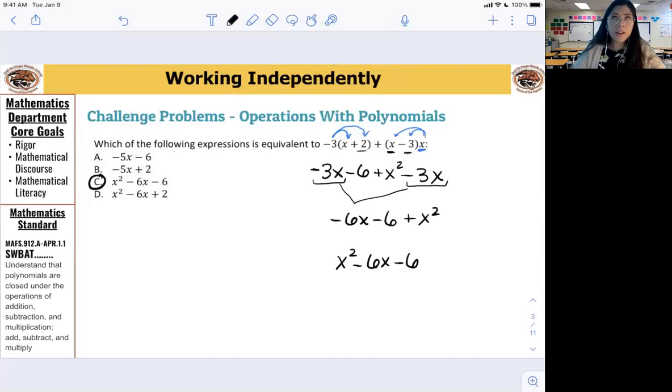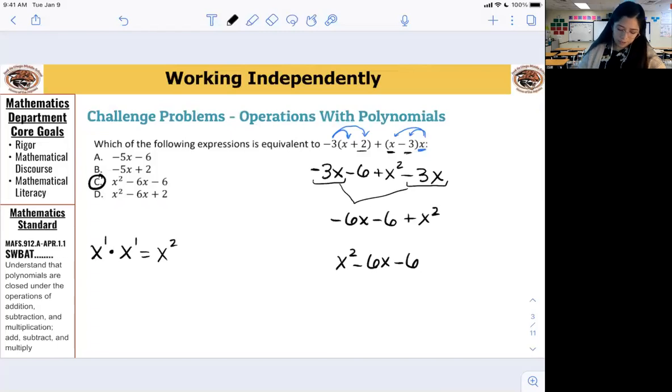A big common mistake that a lot of students make: what's x times x? x squared. Why? Because x squared is the same thing as x times x, and when you add the exponents, you get 2.